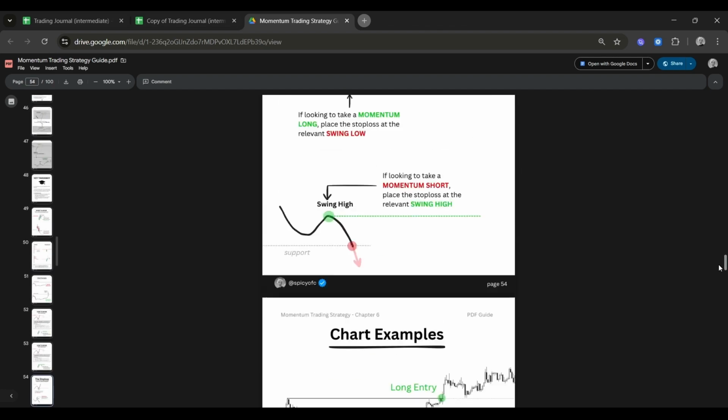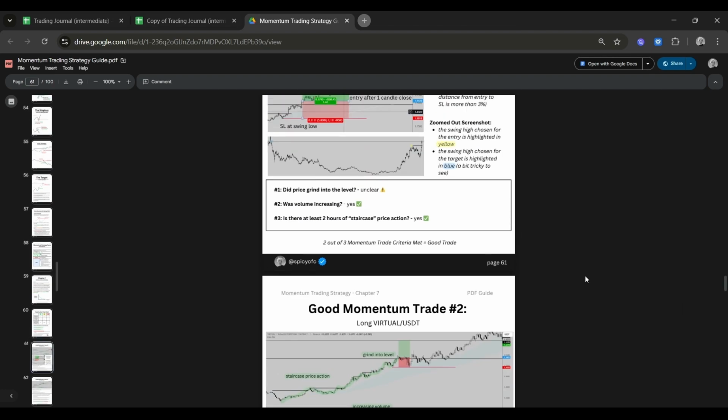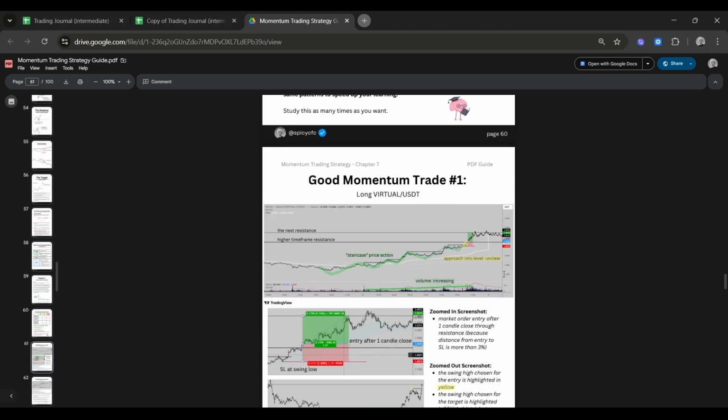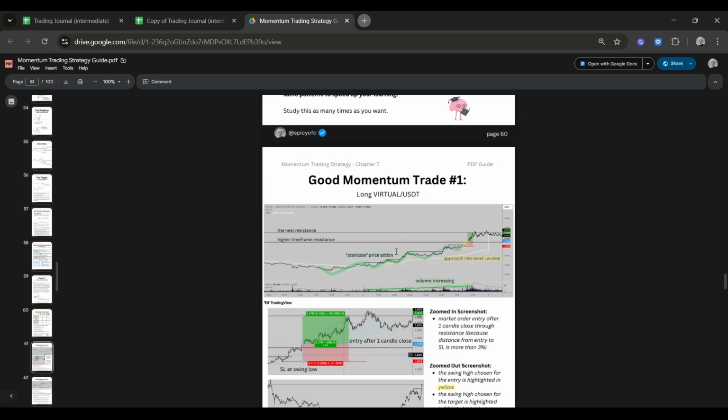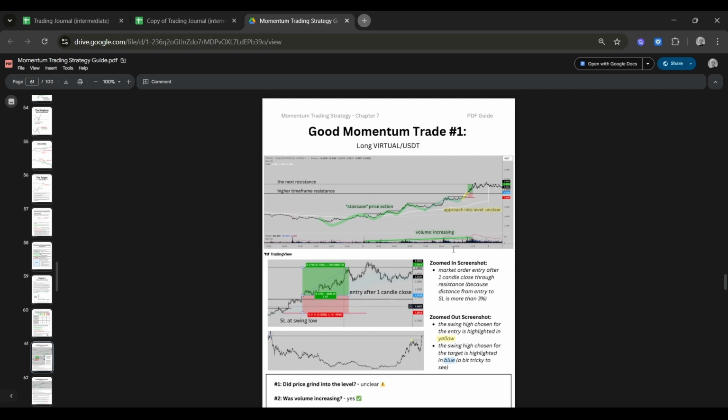But at the very bottom of both of the guides, I include a whole bunch of trade screenshot examples where you can see plenty of examples for how each of these 3 variables were defined. So here we have, in this example, a long virtual.